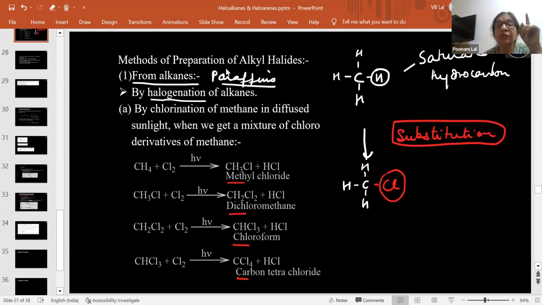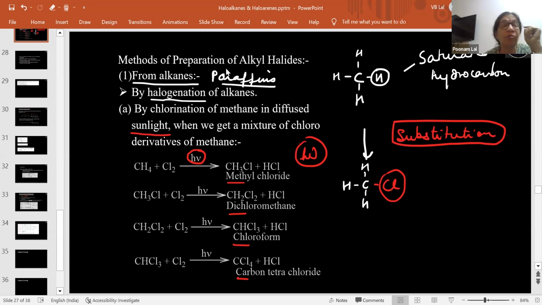So what is the first important thing of this type of reaction? They are substitution reactions. Especially in the case of chlorine, it is carried out in the presence of sunlight. If you represent it on an arrow, you can write h nu, which represents sunlight. The sunlight breaks chlorine into free radicals.